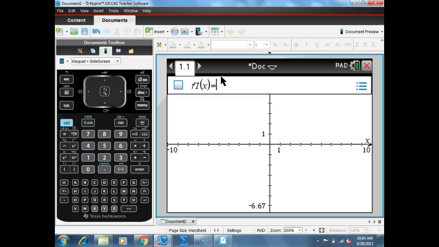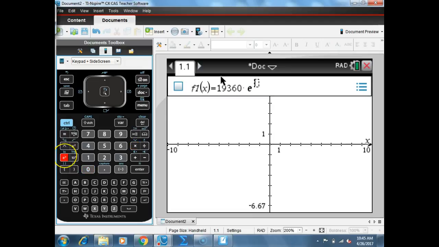So I should probably put in here my function, right? My function started with that, and then I went e to the 0.029 t power, right?